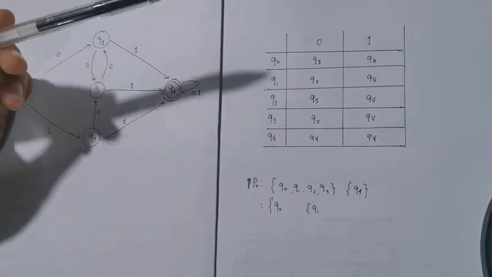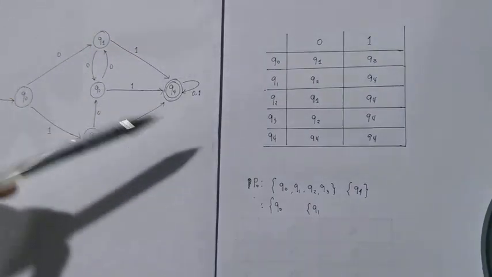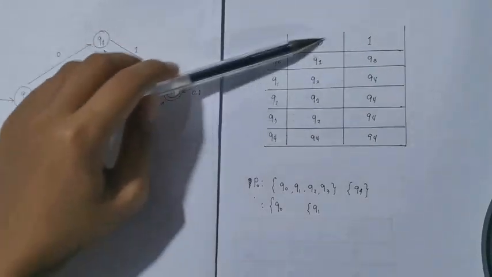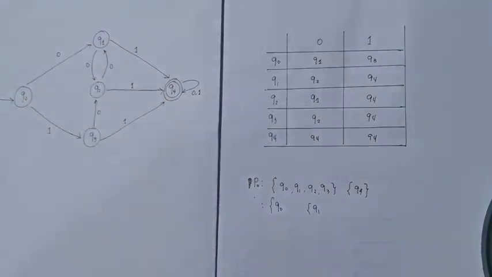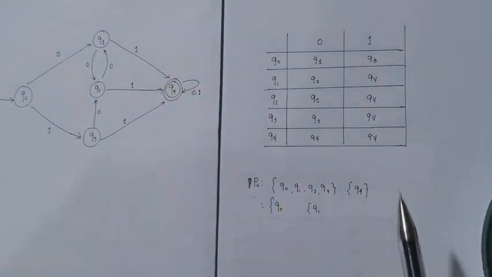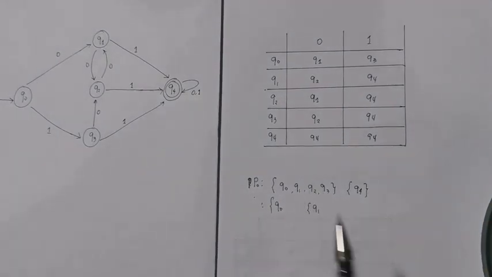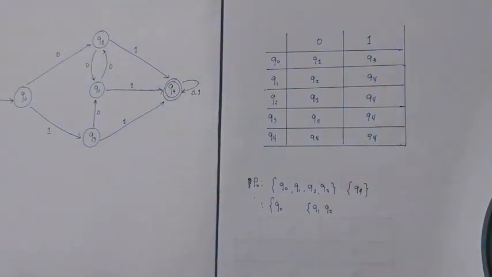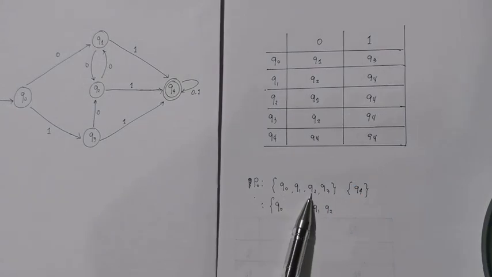So, it's the same situation as earlier with Q sub 0 and Q sub 1. Here, Q sub 1 and Q sub 1 are in the same set, while Q sub 3 and Q sub 4 are in different sets. So, we will separate Q sub 2 and group it with Q sub 1. We are done comparing Q sub 0 and Q sub 2.